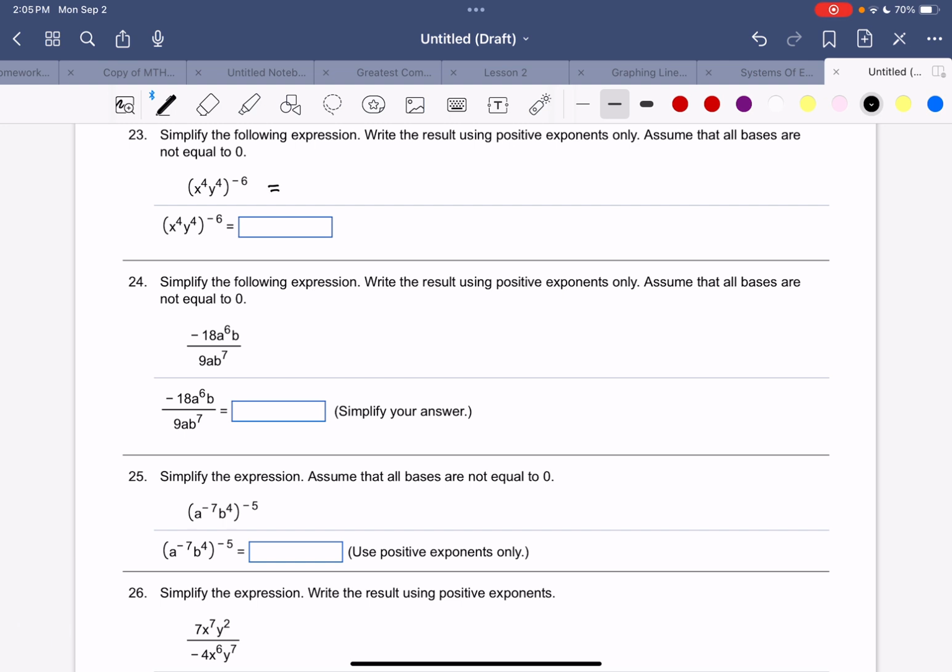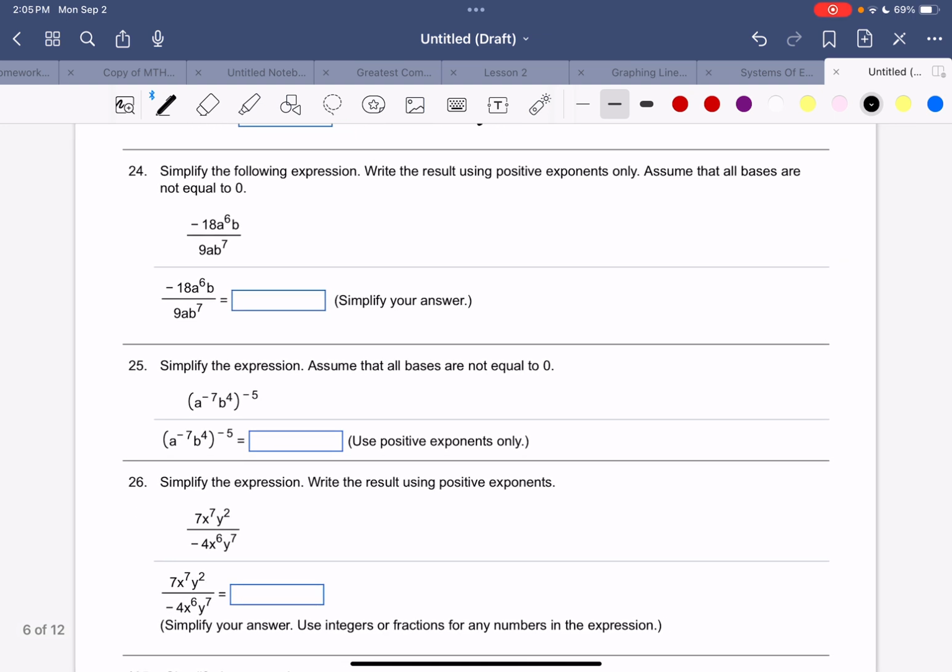I'm going to apply my outer exponent to both things inside by multiplying power to a power. So it's x to the negative 24, y to the negative 24, and I have to take the reciprocal of both of those, so they have to go to the denominator, x to the 24, y to the 24 in the denominator.